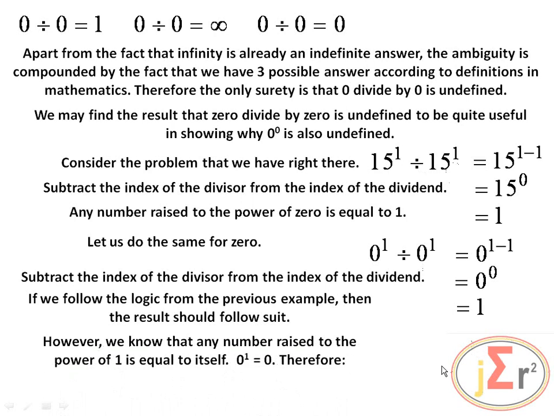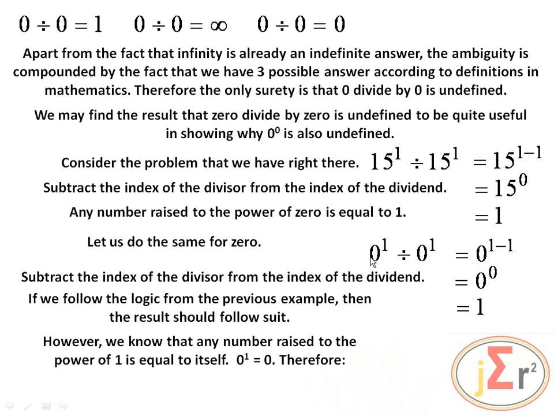However, we know that any number raised to the power of 1 is equal to itself. So 0 raised to the power of 1 is equal to 0. Therefore, what we are saying is that any number raised to the power of 1 is equal to itself.